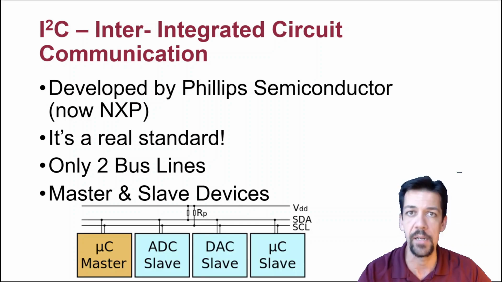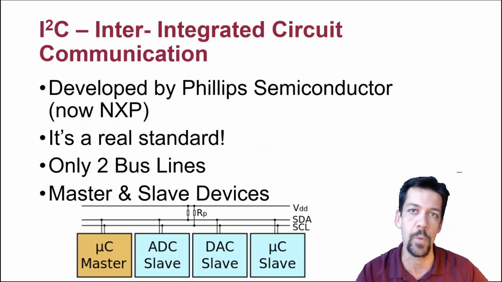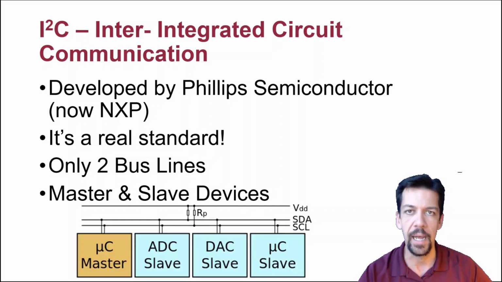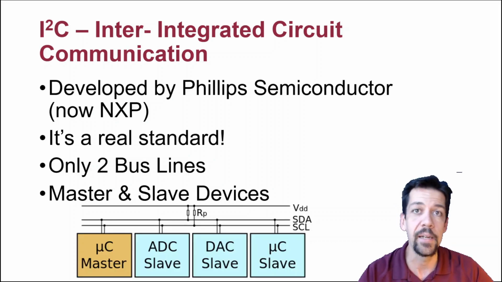It's a real standard, so anything that speaks I2C is going to speak the same I2C, which makes it a lot easier to understand than SPI. And there's often another layer protocol built on top of how you read and write to the specific device. So that's where most datasheets focus, rather than the I2C low-level interface itself.